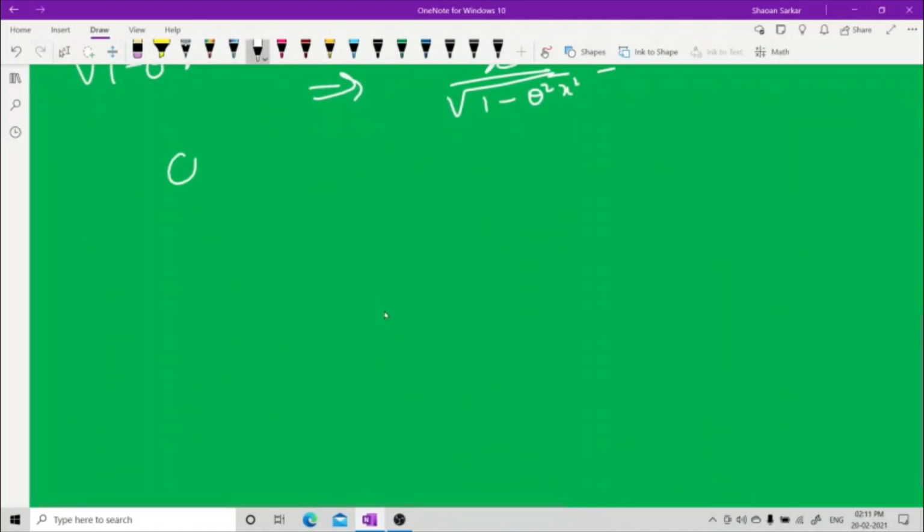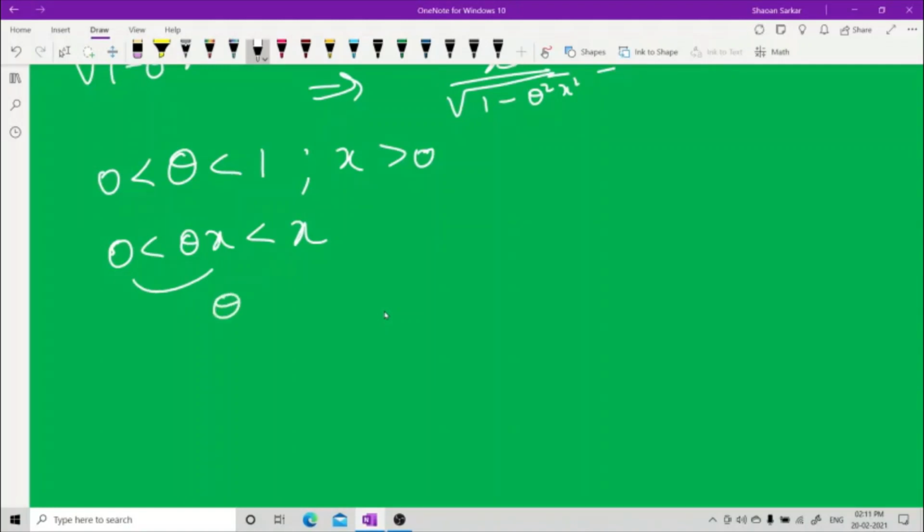Since theta is in between 0 and 1, multiply with x, and x is greater than 0. Therefore, 0 is less than theta x, which is less than x. That means theta x is greater than 0, and theta square x square is greater than 0.